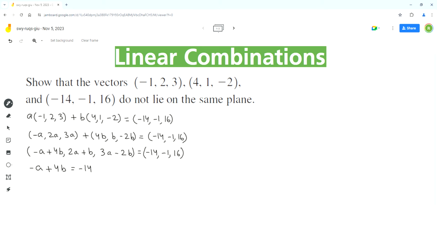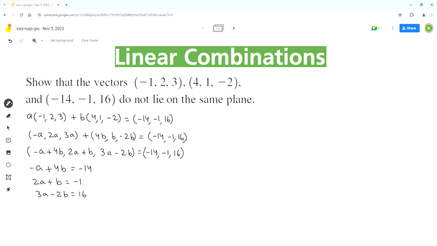So this is the equation using the x component. This is using the y component. So this is using the z component.